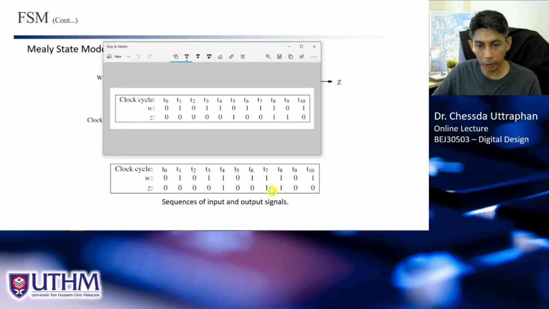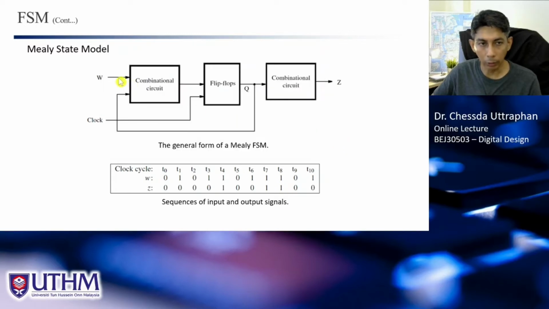Here 1 1, the output immediately appears as 1, because of the wire here, which means that Z will immediately change when W changes. If we don't have this wire, Z will depend on the state of the flip-flop. That's why it's delayed one cycle.